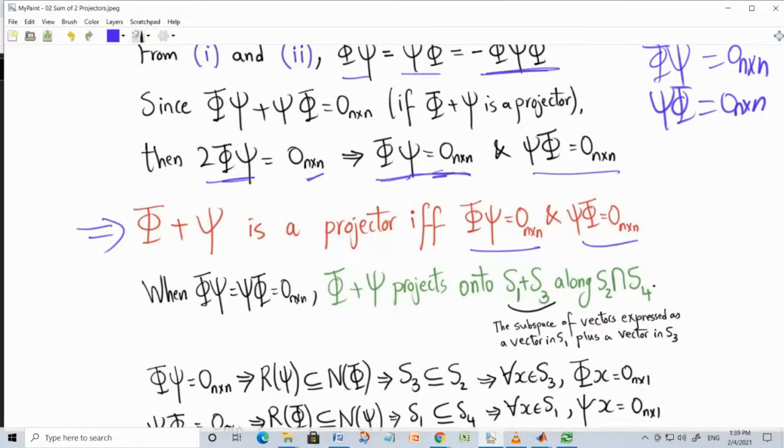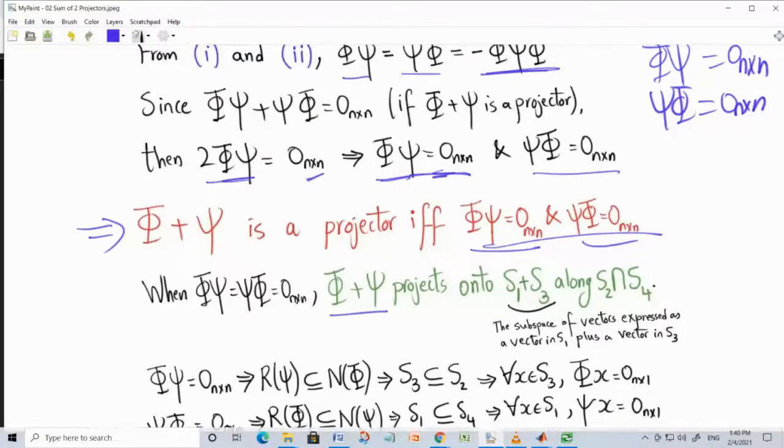Claim: phi plus psi, if it is a projector and it needs this condition to be satisfied, is a projector onto S1 plus S3 along S2 intersection S4, which is to say that the null space of phi plus psi is the intersection of S2 and S4.